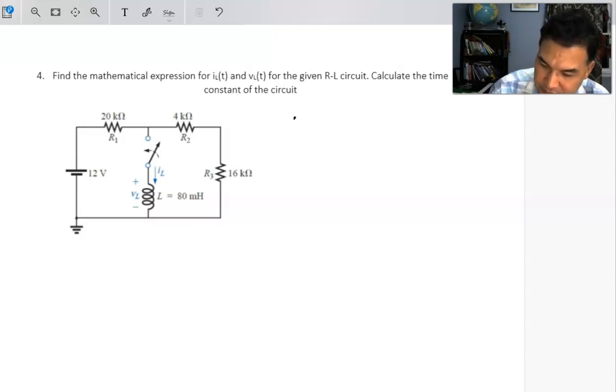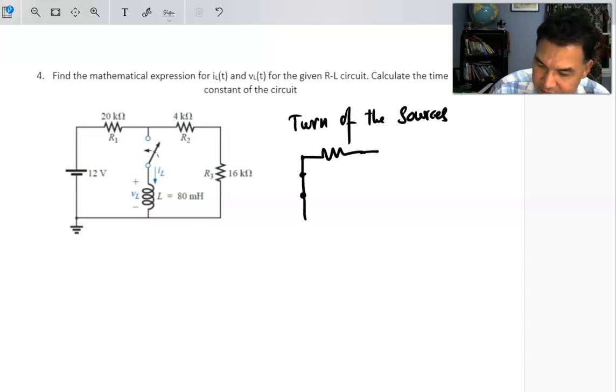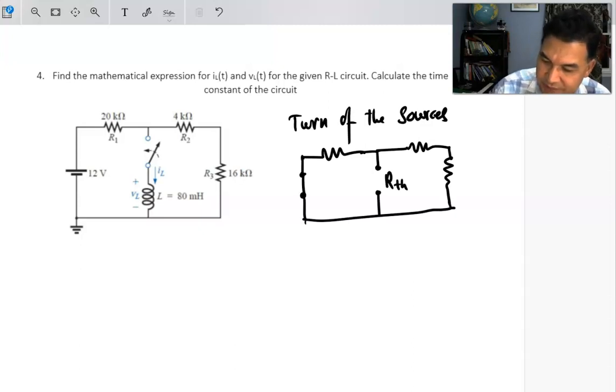You have to turn off the sources. You have only a voltage source, so turning off means you have to short circuit the voltage source. And you are finding the resistance on this arm. Whatever resistance you look at from this terminal is your Thevenin's equivalent resistance.